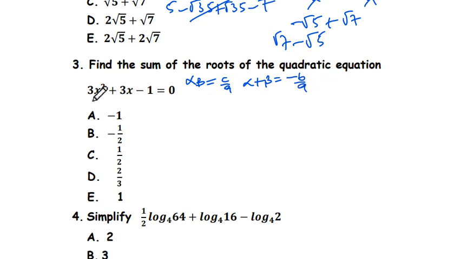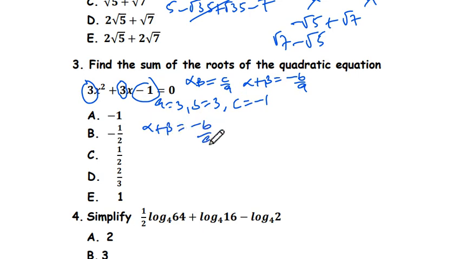Now a here is 3, b is 3, and c is minus 1. As you can see, that's the coefficient of x squared, coefficient of x, and the constant term here. So the sum of roots alpha plus beta, which is minus b over a, is equal to minus, our b is 3, divided by a is 3, that's minus 1. Option A.